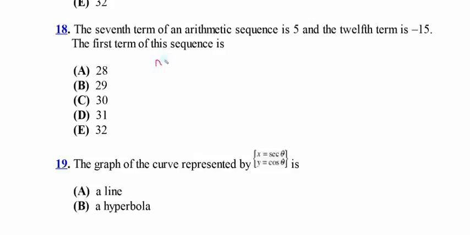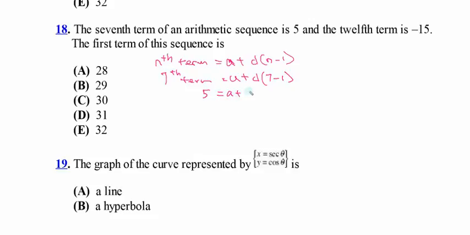The n-th term is equal to A plus D(n minus 1). Now the 7th term is equal to A plus D(7 minus 1), and the 7th term is 5, so A plus 6D.